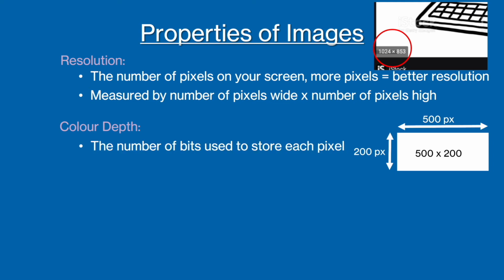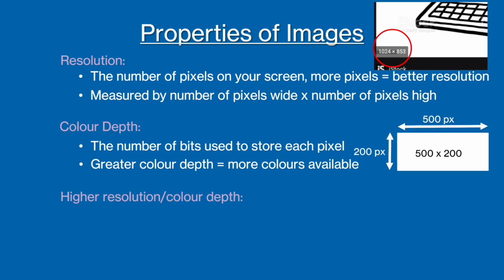And the greater the color depth, the more bits available to store pixels, and so the more colors available to the image. This means that the colors are going to be more accurate, causing the image quality to be better than if the color depth was lower. However, like resolution, increasing the color depth means that there needs to be more memory to store all the colors and their binary codes, which increases the file size of the image.